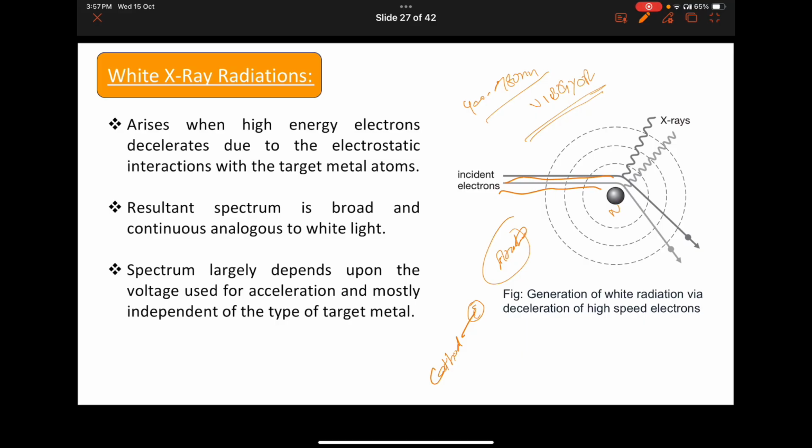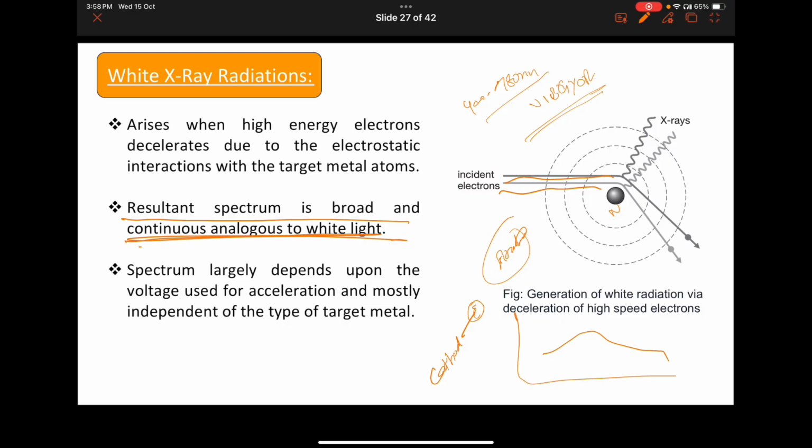These interactions are mostly electrostatic, and these electrons decelerate because these forces could be attractive or repulsive in nature, and this deceleration of these high-speed electrons gives rise to the X-rays, as we can see. And the resultant spectrum is very broad, not the spikes. For the spikes, we need a particular wavelength, one wavelength with a very fine, narrow width.